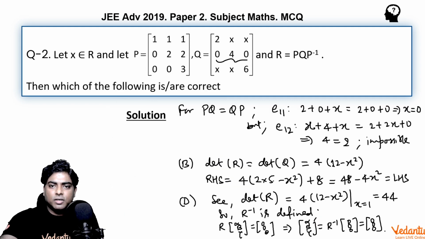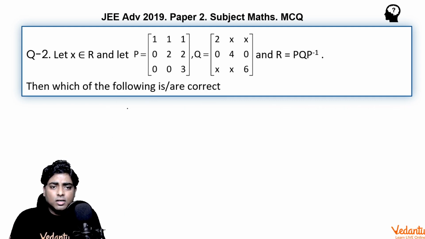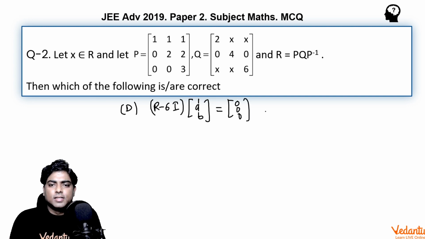So R minus 6I into 1AB is equal to 0 0 0, right?